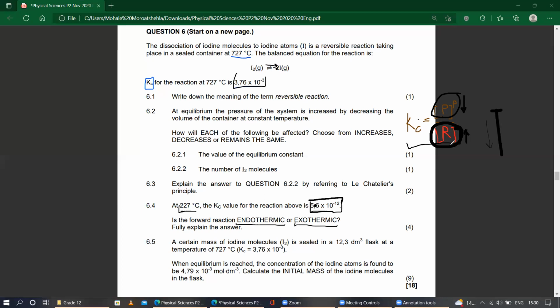Do you understand that part? Yes, sir. Okay. So since lowering the temperature supports the forward reaction, it's going to be endothermic.